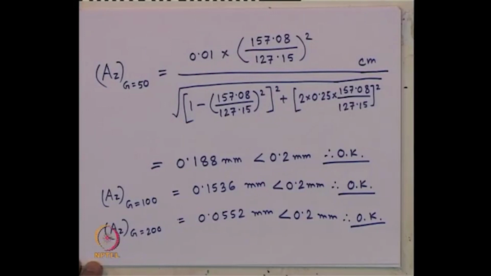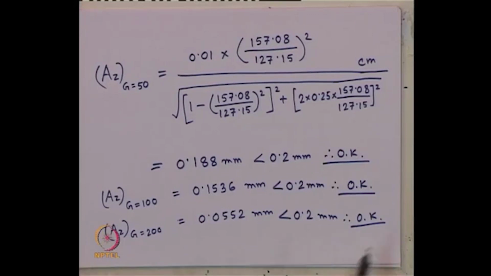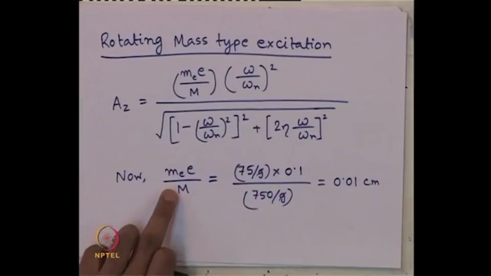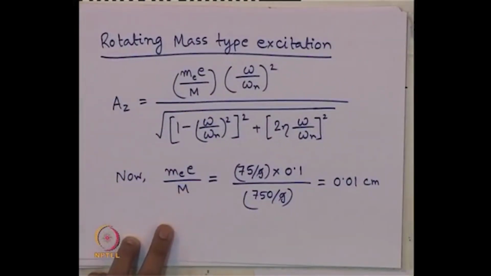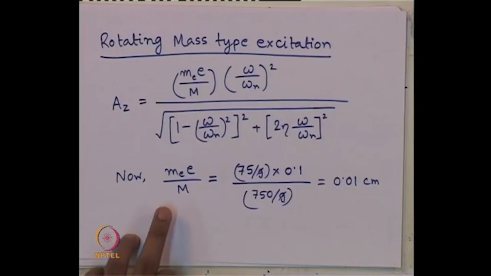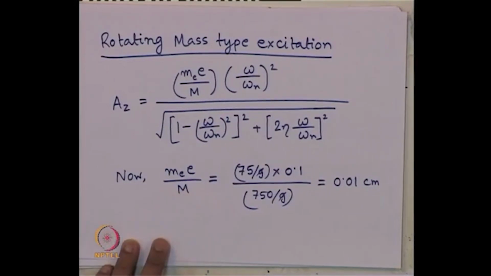They are same as constant force type. How it became same? If you calculate using the given value of m e e and omega, what is q naught? Q naught is nothing but m e e omega square.